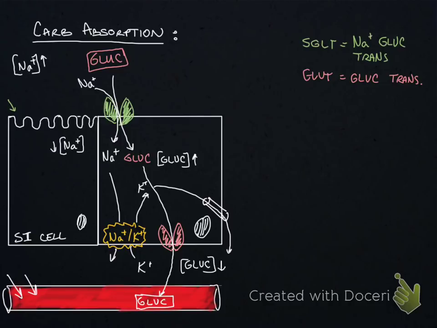So why doesn't a small intestinal cell hold on to the glucose and use it for itself? It's because these intestinal cells can't actually eat or utilize glucose.